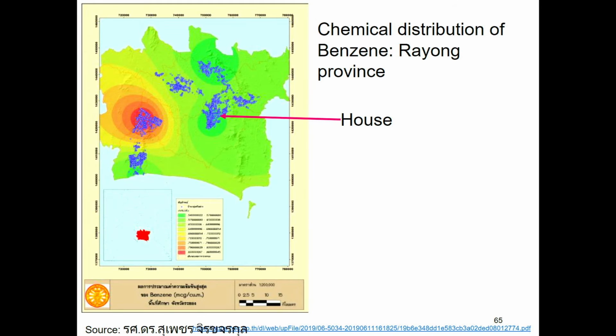Also there is chemical distribution. That one is a case from one of the provinces. This province is connected to the ocean, to the Gulf of Thailand, I think, and they have some problem about maybe chemicals, like toxic substances or something like that, and they want to map the chemical distribution, maybe related to the houses.